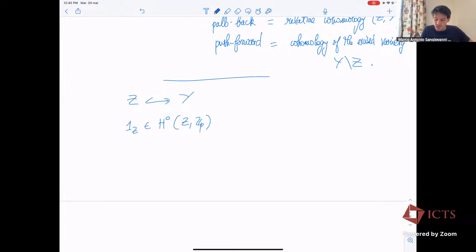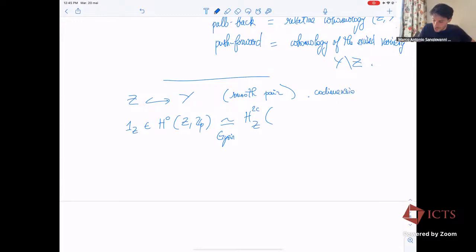So this is in the H^0 of Z, Z_p. And this, by the Gysin isomorphism, is just the H^2c with supports in Z. So let's say that this is a smooth pair. And this is the Gysin isomorphism. I forgot to mention twisted by c. This is just the cohomology with supports in Z of X, Z_p, twisted by c.